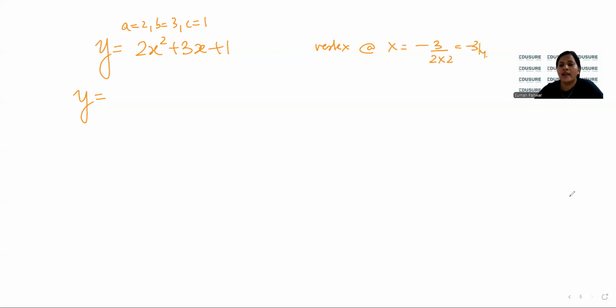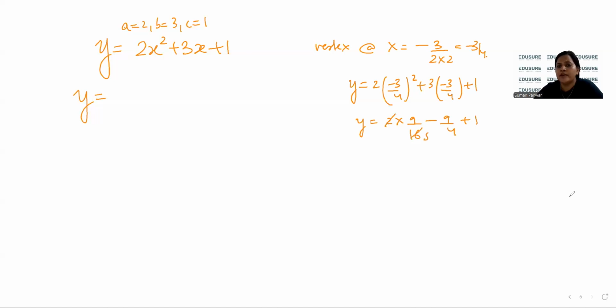Okay. And if you look at the y value at this particular point, you are going to get y equals 2 times (minus 3 by 4) whole square plus 3 times minus 3 by 4 plus 1. So y will be equal to 2 times 9 by 16 minus 9 by 4 plus 1.